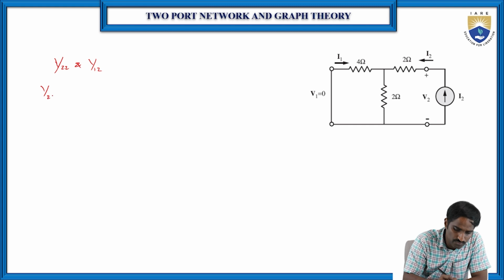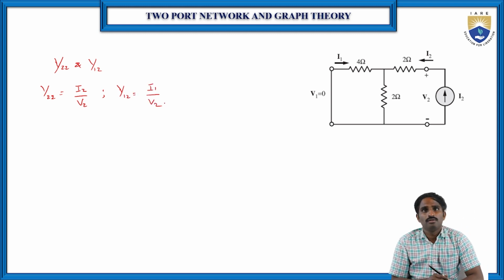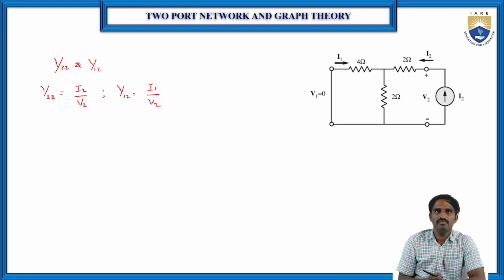So y22 is equal to I2 by V2, and similarly y12 is equal to I1 by V2. So now we need to find the I1 and I2 values in terms of V2.